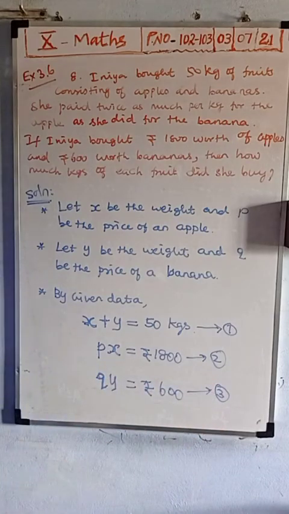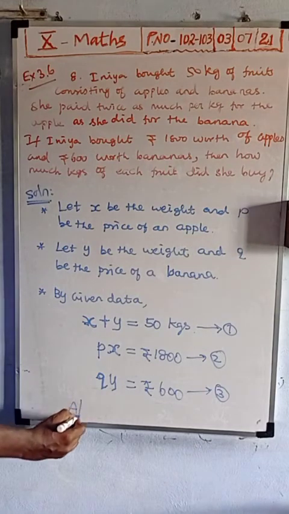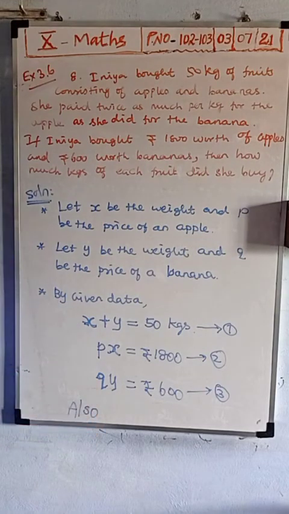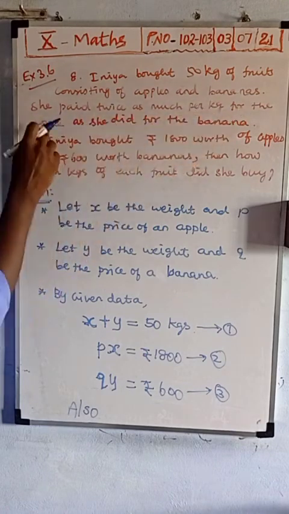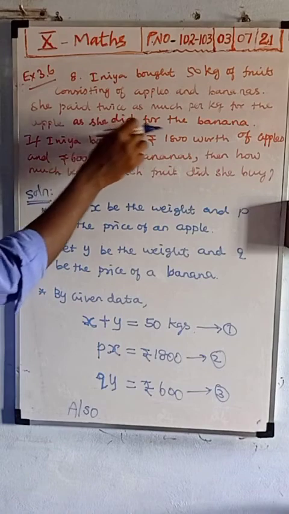So we want to find x and y only, the total weight, x separately and y separately. Now, it is also given that she paid a price per kg for the apple that was twice that for the banana.